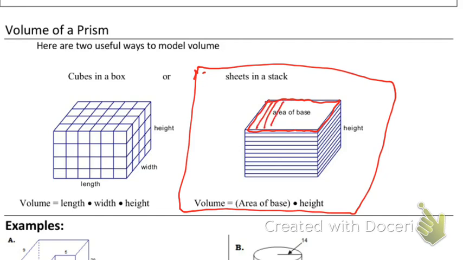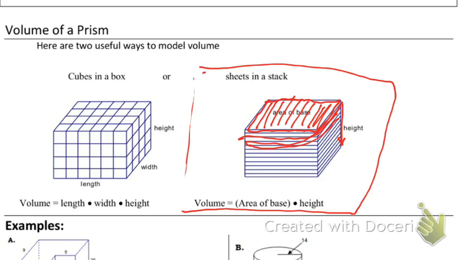So we calculate the area of one base. And then to construct our figure, we're going to count how many of those bases we actually have. And that's going to be a multiplication of that base times the height. So we're going to keep drawing base after base after base until we fill this whole figure up, which is just the area of the base times the height.